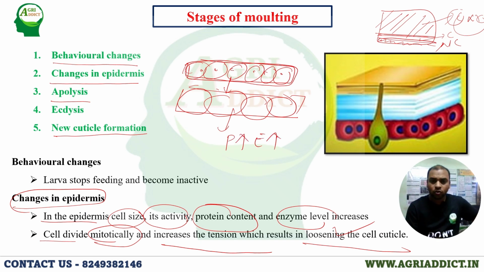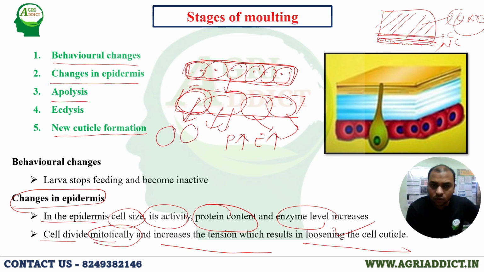These cells also divide mitotically. That means mitotically, one cell will form two cells. So the number of cells increases, protein content increases, and enzyme content increases, everything increases.